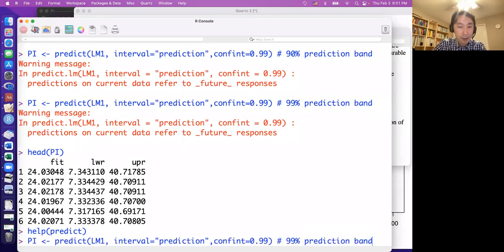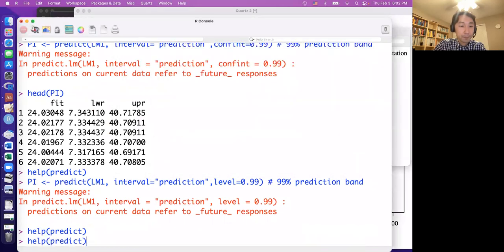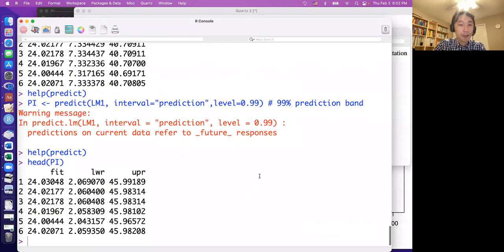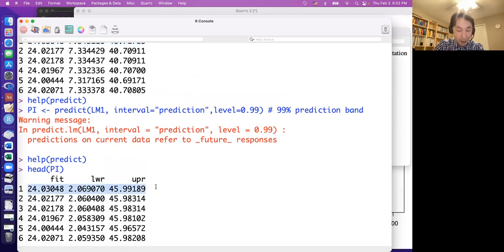Maybe we can try. Yeah, level, sorry. Level is equal to 0.99, then the confidence level becomes 99%. So this becomes wider than before. This is 95%, and this is 99%. The same thing applies for the confidence interval. So we have calculated the 95% confidence interval.